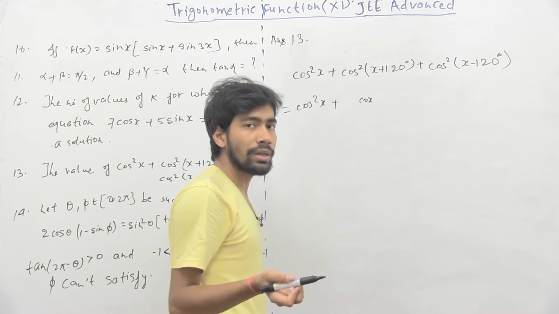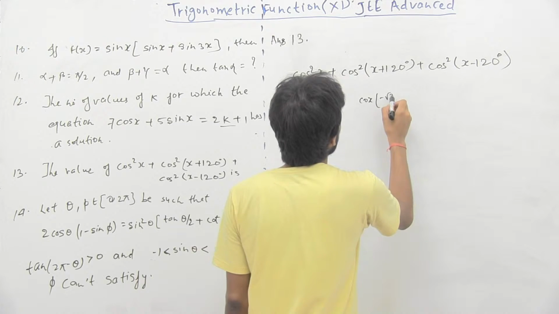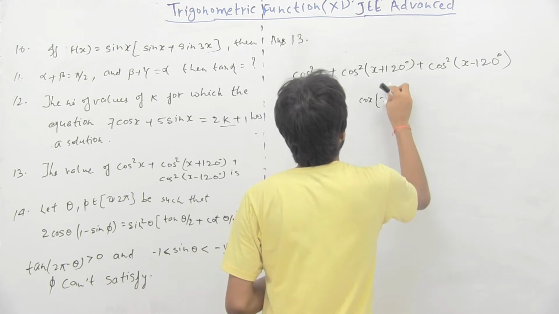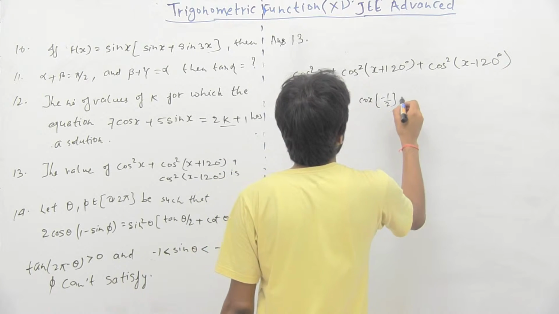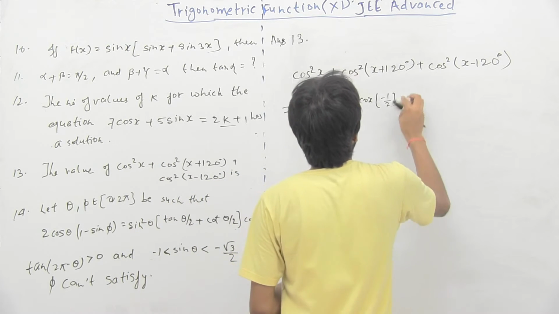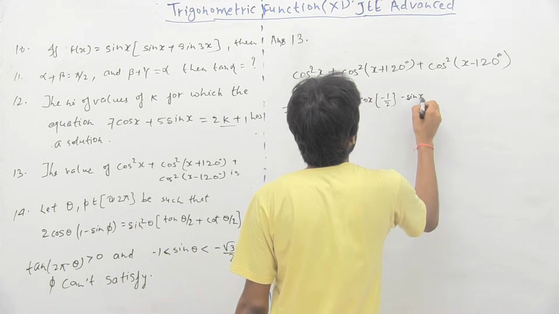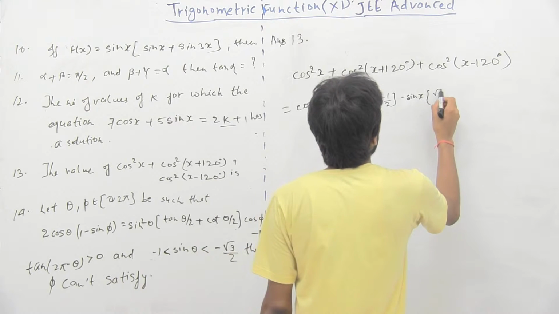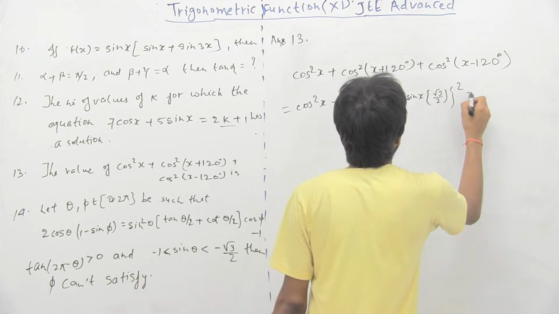Cos 120 degrees equals minus 1 by 2, and sin 120 degrees equals root 3 by 2.